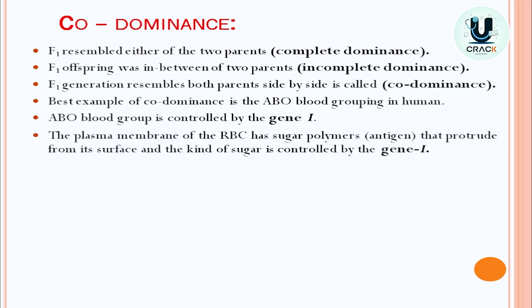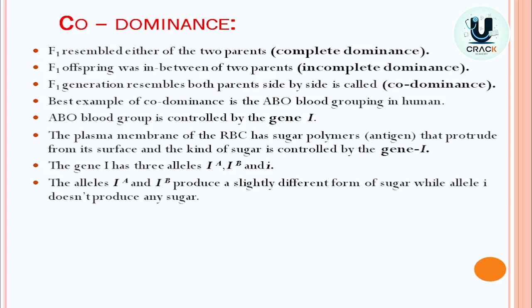The plasma membrane of the RBC, the red blood cells, has antigens that protrude, a kind of sugar, controlled by the gene I. The gene I has three alleles: A, B and i. The alleles A and B produce slightly different sugars, while allele i does not produce any sugar.